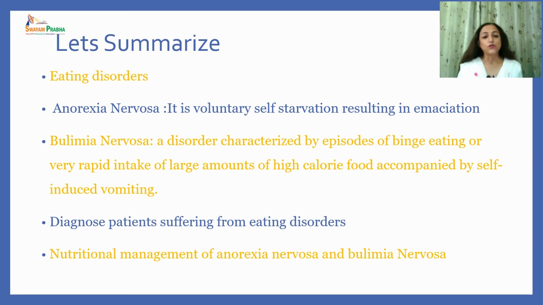And then we studied the second eating disorder, that is bulimia nervosa, which is a disorder characterized by episodes of binge eating or very rapid intake of large amounts of high calorie food, accompanied by self-induced vomiting. And we learned how to diagnose patients suffering from eating disorders. And then we focused on the nutritional management of anorexia nervosa and bulimia nervosa.